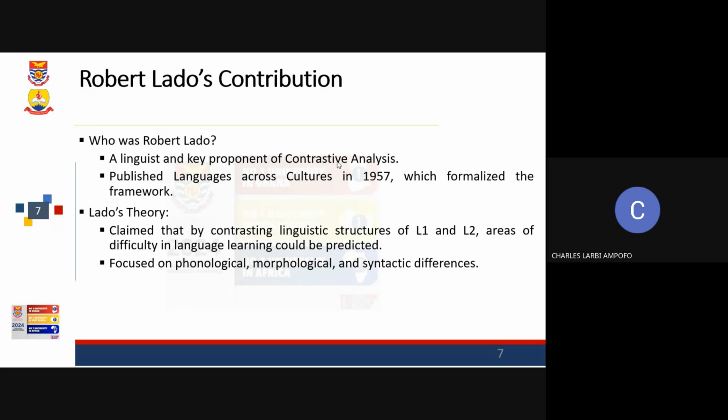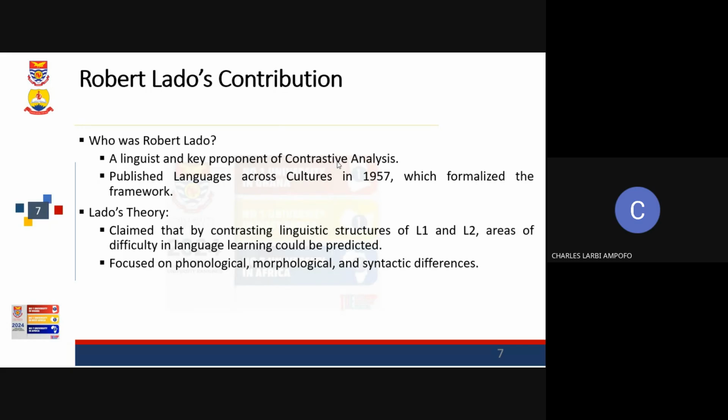He was a linguist. That is, he was somebody who was into language studies, and was a key proponent of contrastive analysis. He came out with contrastive analysis when he published his book, Languages Across Cultures, in 1957.